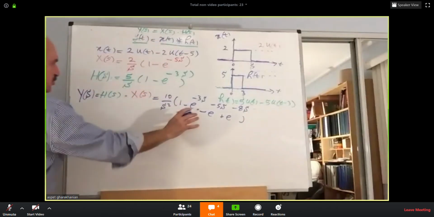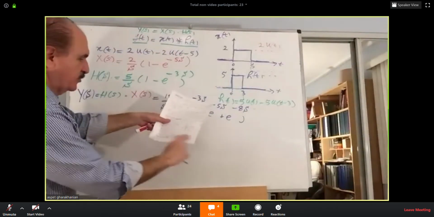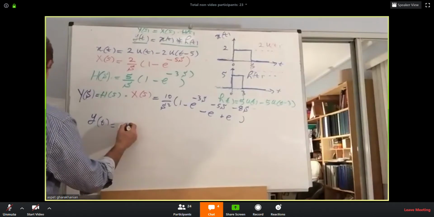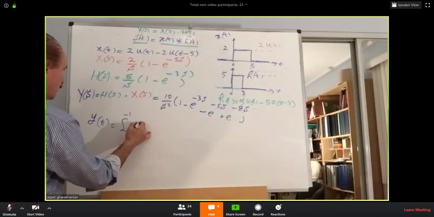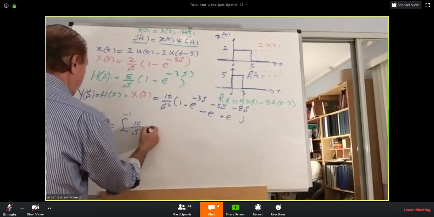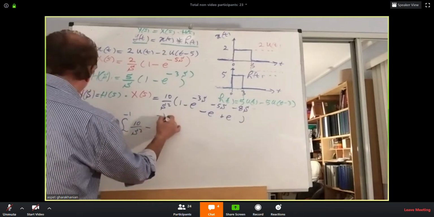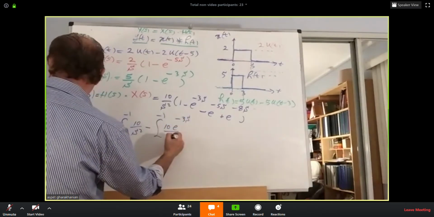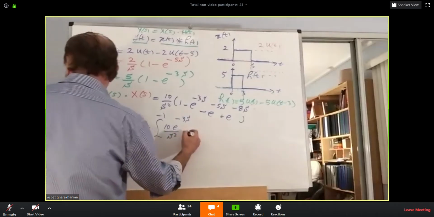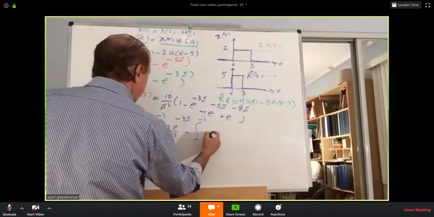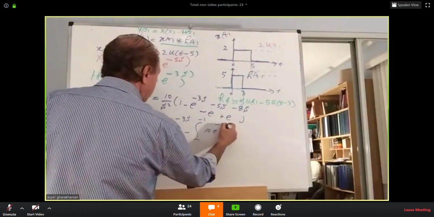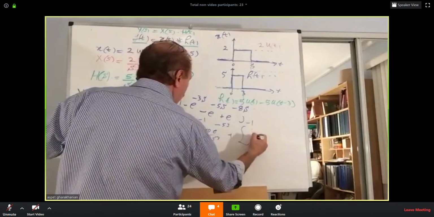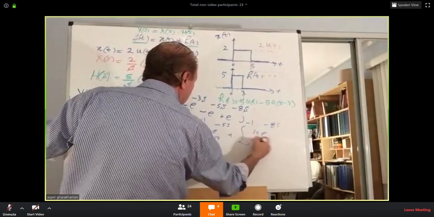Distribute them, as I showed. So each one will come up: y of t equals the inverse transform of 10 over s squared, then minus the inverse transform of 10 e to the power minus 3s over s squared, then minus the inverse transform of 10 e to the power minus 5s over s squared, then plus the inverse transform of 10 e to the power minus 8s over s squared.